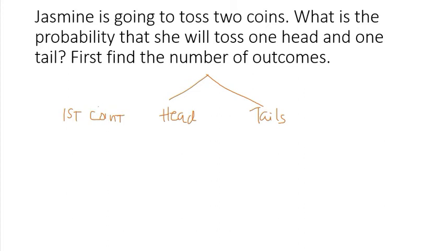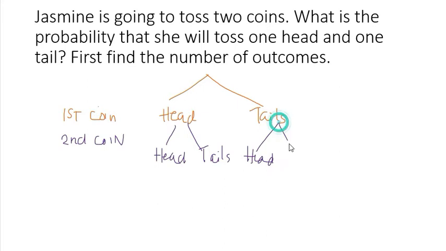And then the second coin. The second coin also has the following outcomes: heads and tails.